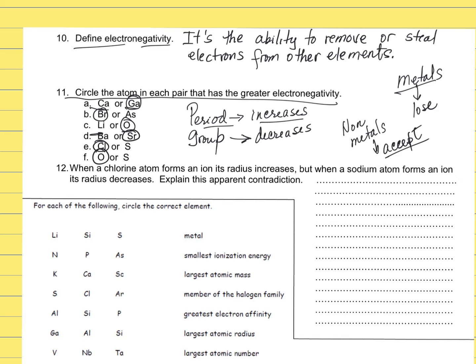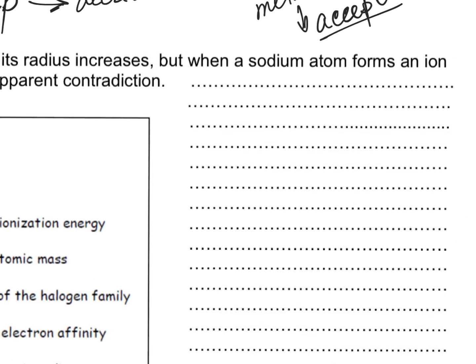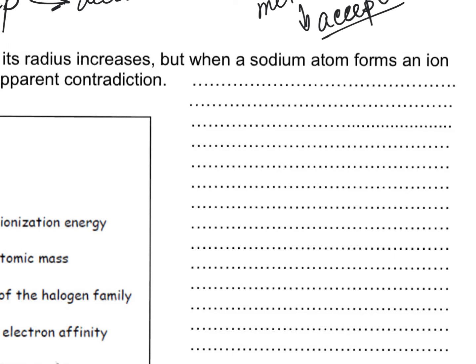When a chlorine atom forms an ion, its radius increases. But when a sodium... and I love this, I'm going to explain this question step by step. Okay, you have over here chlorine. Atomic number equal to 17. This is the atomic number.